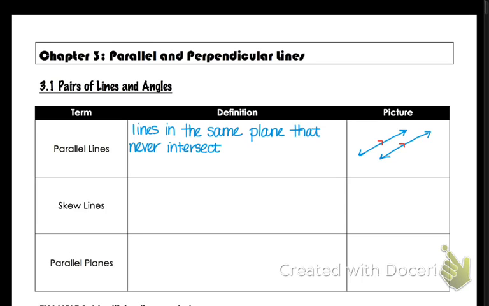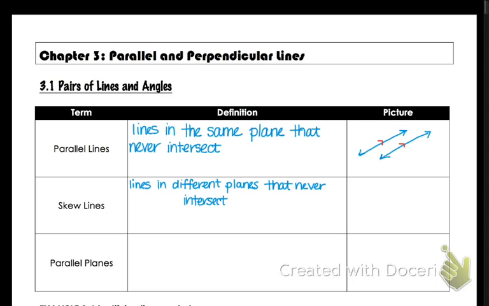Skew lines are lines in different planes that never intersect. If you think about that, look around the classroom: lines that would never intersect would be like one of the edges of the ceiling and the vertical side of the wall on the opposite side of the room.